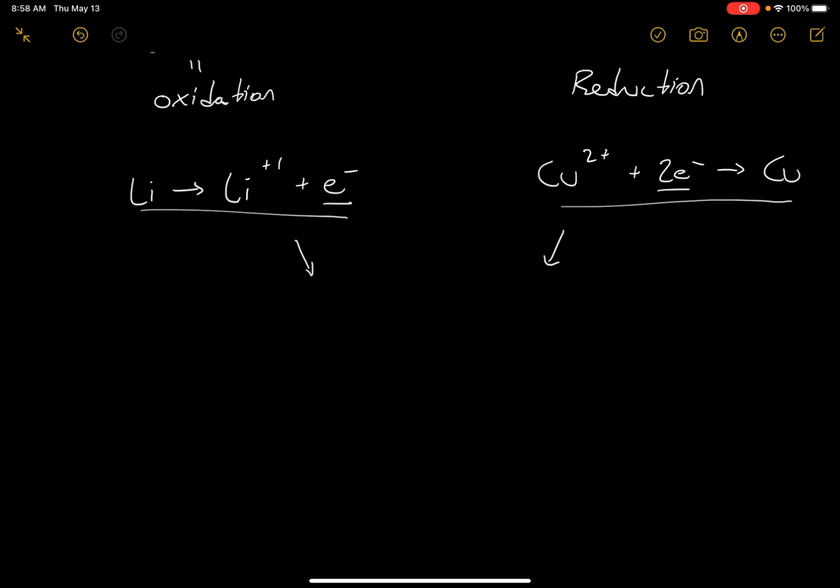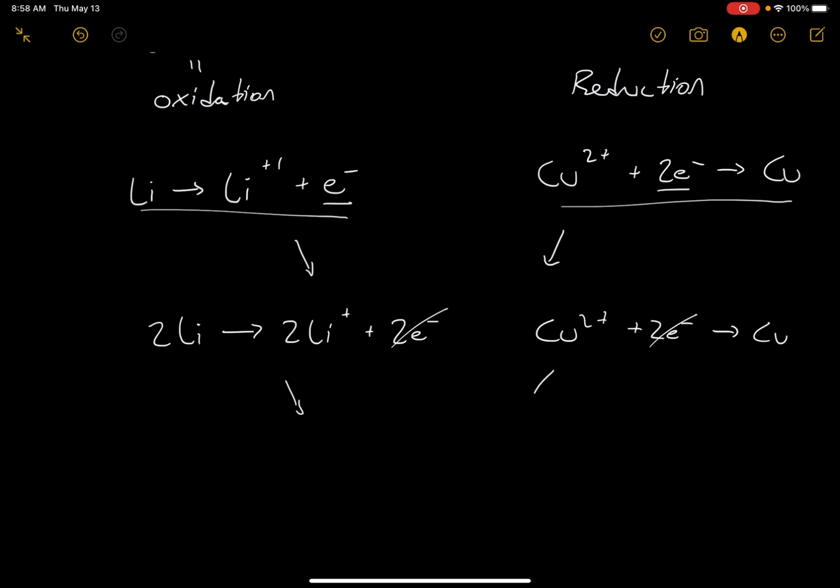In this specific example, we want 2 lithium, because then if we have 2 lithium, they'll give 2 electrons. And then my copper will still be taking 2 electrons. And then our electrons will pretty much just cancel out.